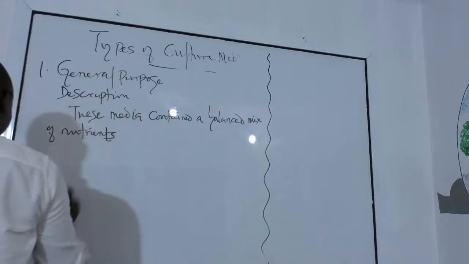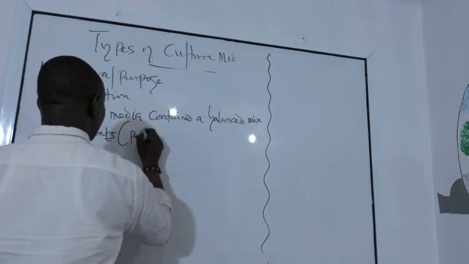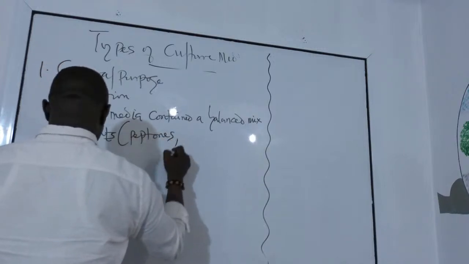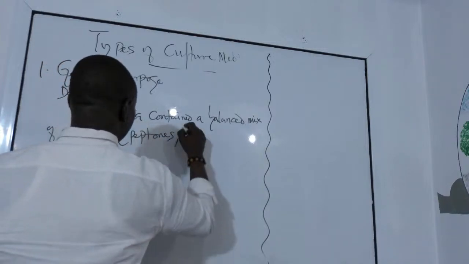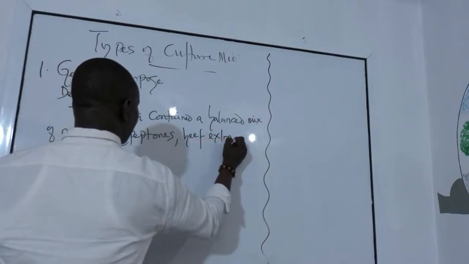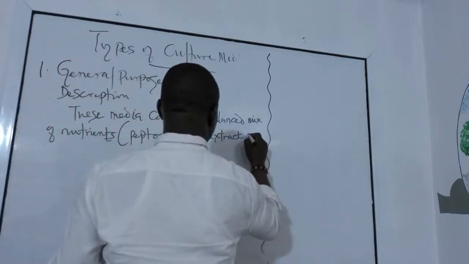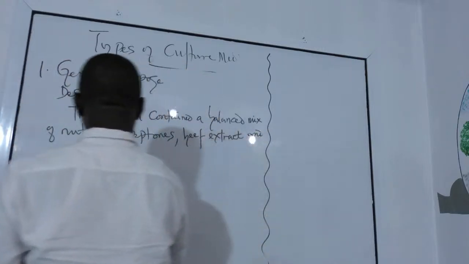Nutrients like peptones, after that, beef extract, and agar.